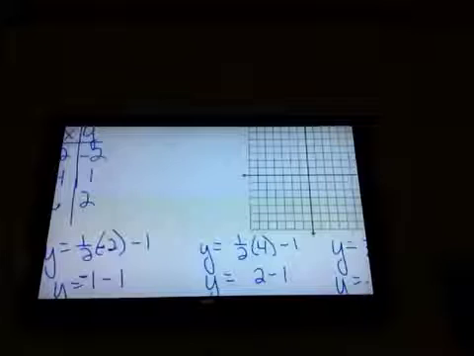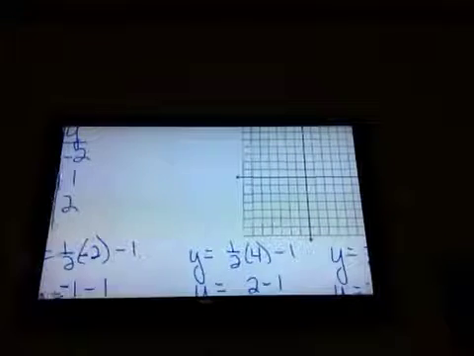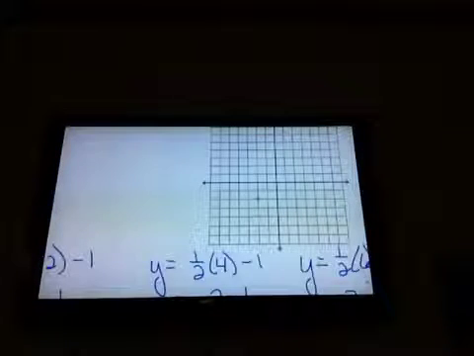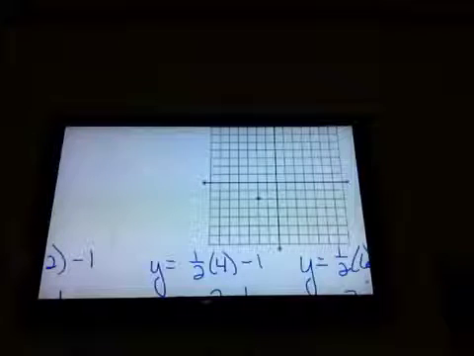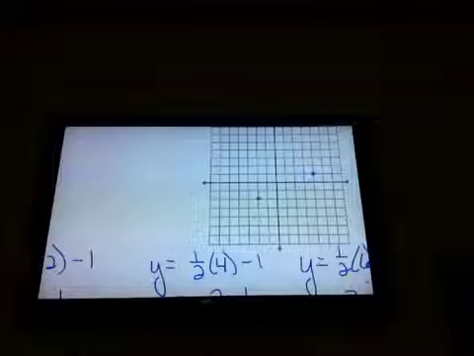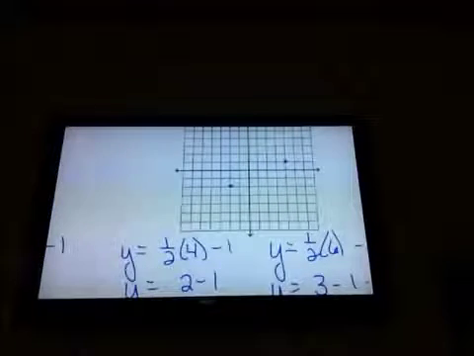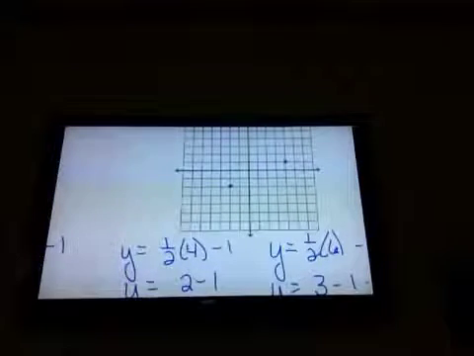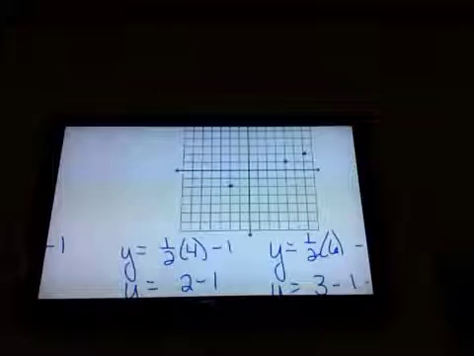So I've got -2, -2. 4, 1, and 6, 2. We've got our line.